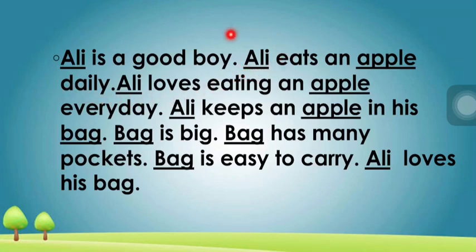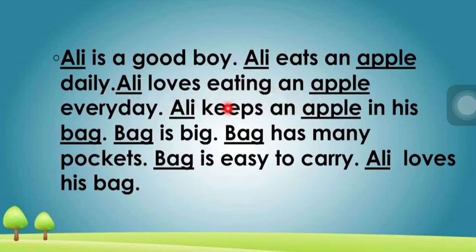So here I have used the pronoun he. He eats an apple daily. Now children, for an apple, a singular object, what should I write? You have to guide me. He loves eating. What should I write in place of an apple? A single thing. He loves eating them?